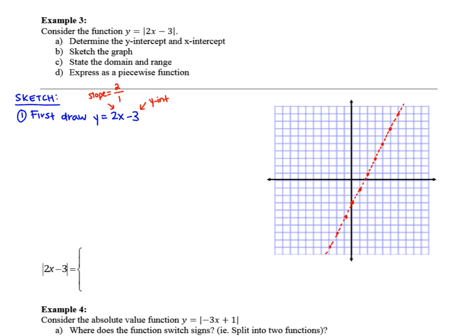When the y values are positive or negative? Positive. When the y values are positive, the graph is going to stay the same. This part will stay the same, because the absolute value of a positive is a positive. So that part stays the same. Where will it switch? So where does the sign switch then?